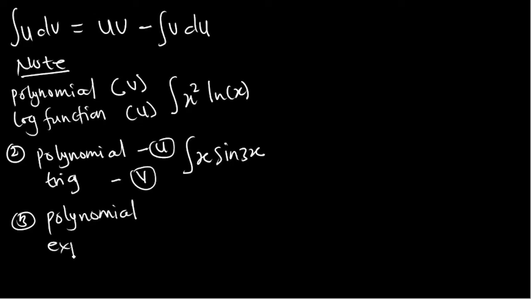When there is a polynomial and an exponential, it is somehow similar to the second example, whereby the polynomial will be u, then the exponential will be v.